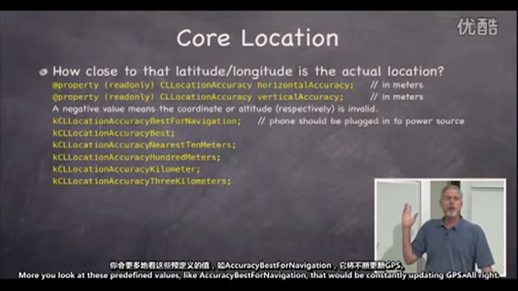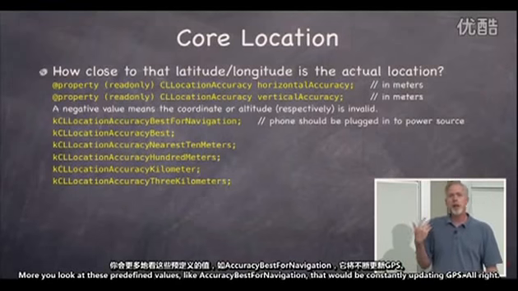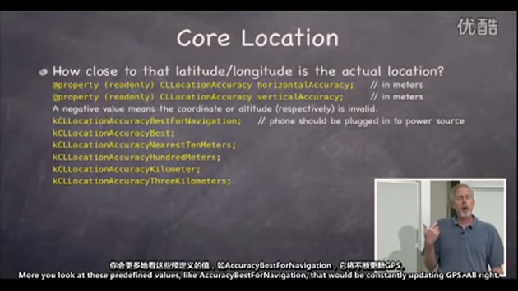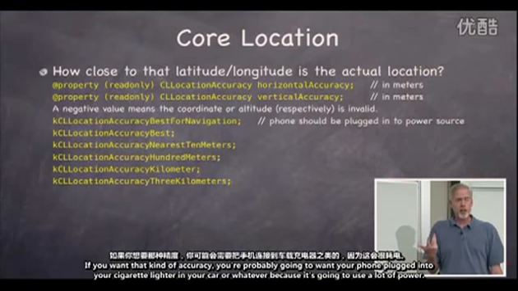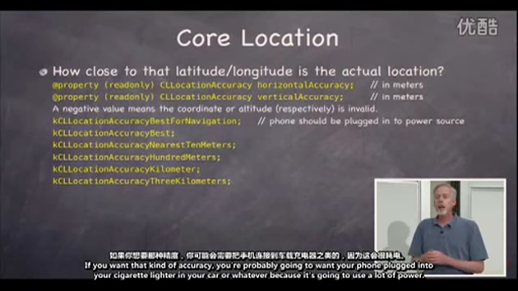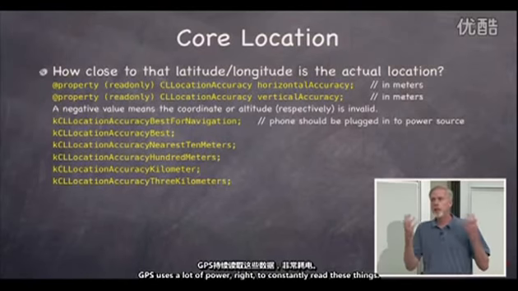More you look at these predefined values, like accuracy best for navigation. That would be constantly updating GPS. If you want that kind of accuracy, you're probably going to want your phone plugged into your cigarette lighter in your car or whatever, because GPS uses a lot of power, constantly reading these things.